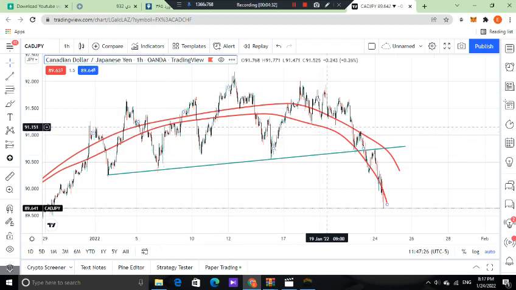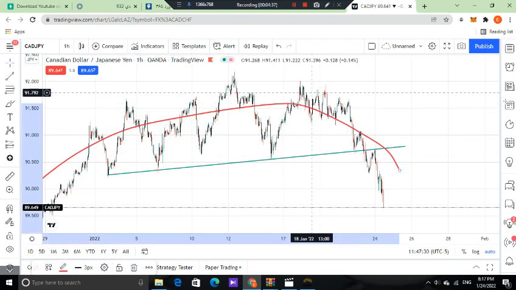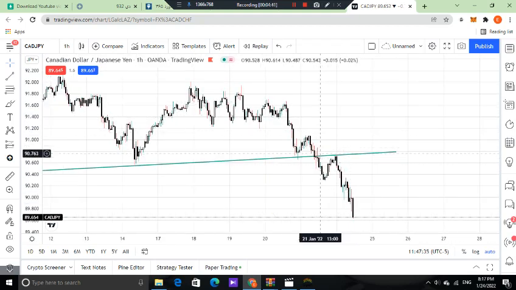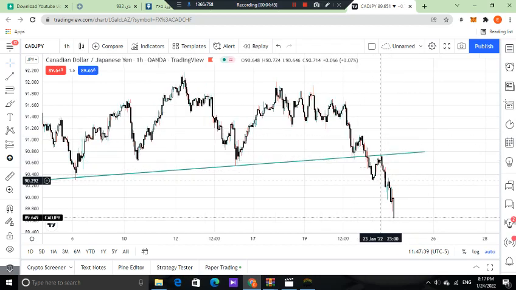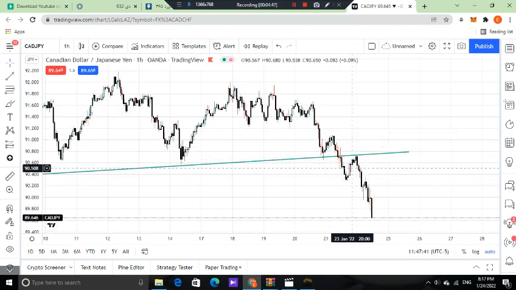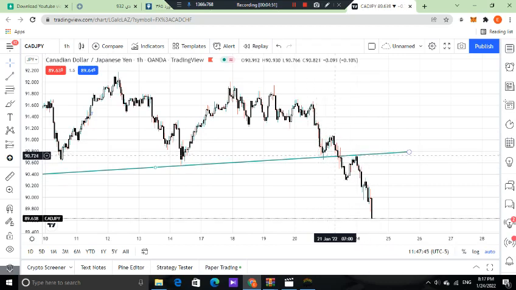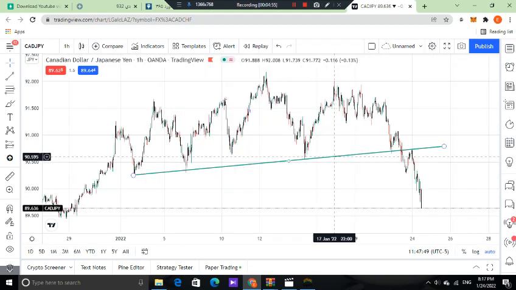I don't want to draw this channel. Just see how beautiful, how nice this pullback is after this breakout. And we have this pullback to this bottom. That's nice.